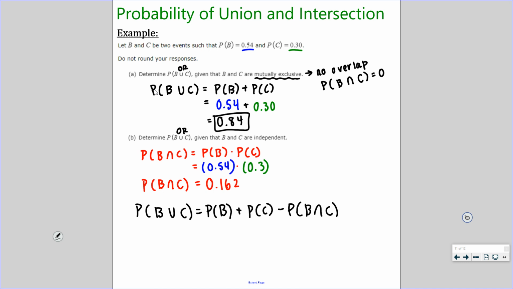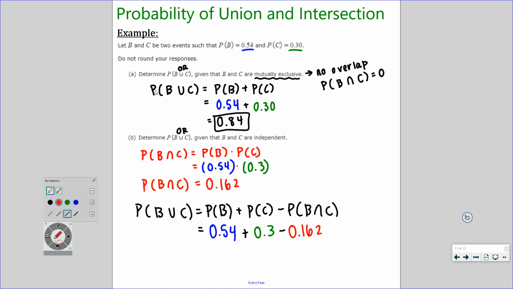Because this one we don't know is mutually exclusive. That was only for part A. All right, B is 0.54, C is 0.3, minus the overlap, and you get 0.678.